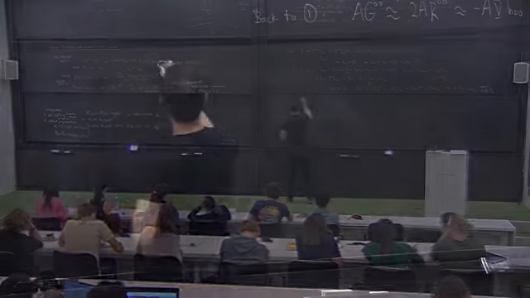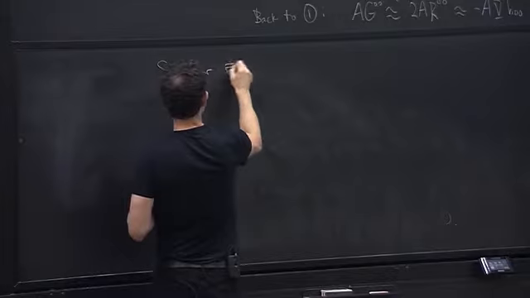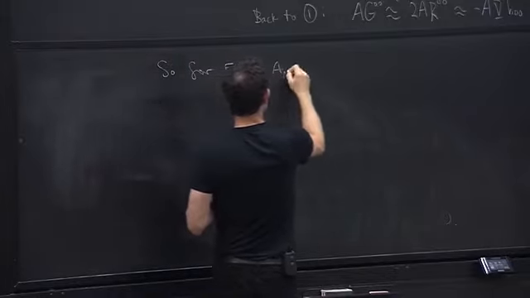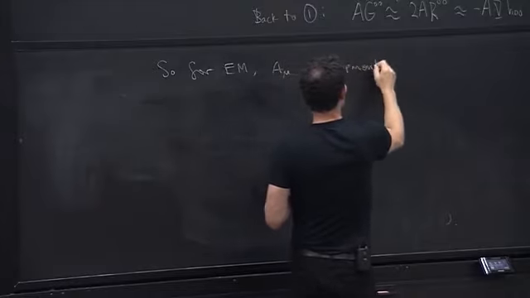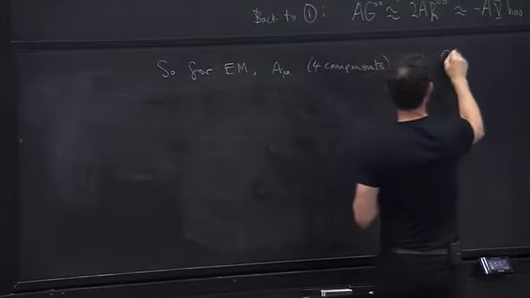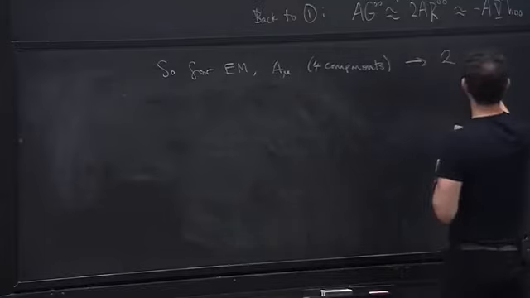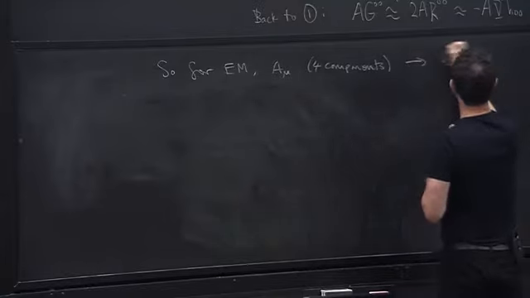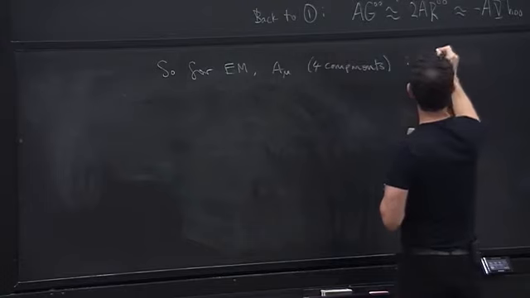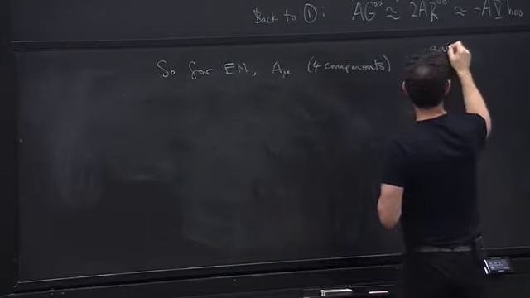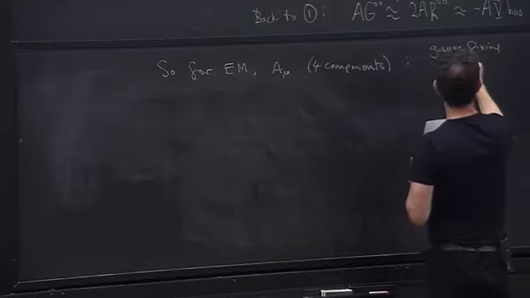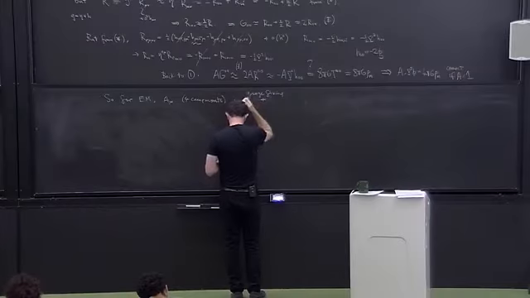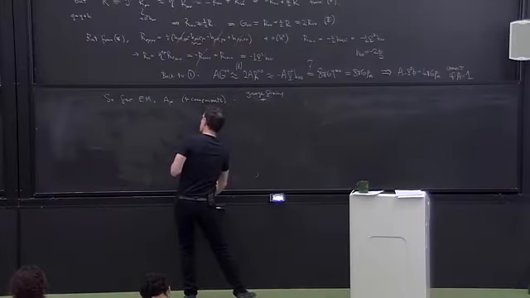So for electromagnetism, a mu, 4 components, goes to 2 degrees of freedom, 2 propagating. Well, let's see. We do gauge fixing, and, yeah, let me just write it down.